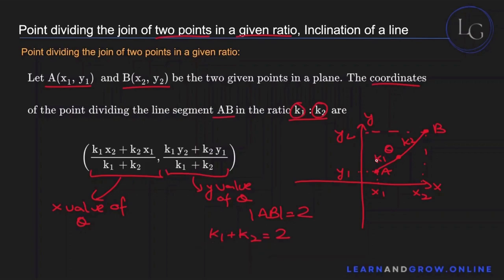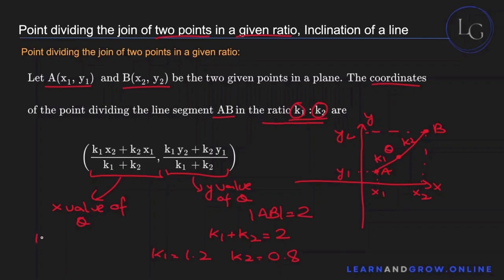So, for example, if K1 is, say, 1.2 and K2 is, say, 0.8, then 1.2 plus 0.8 is equal to 2, right? But again, there's another way to go about this. It says that the ratio of K1 and K2 must be given to you correctly, right?